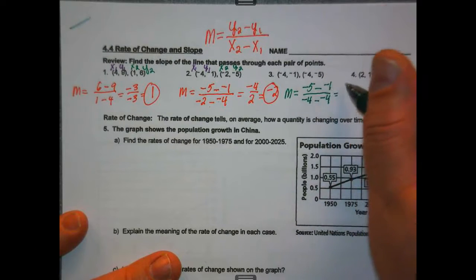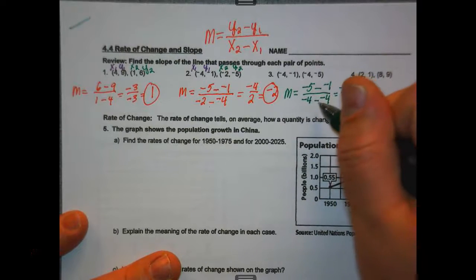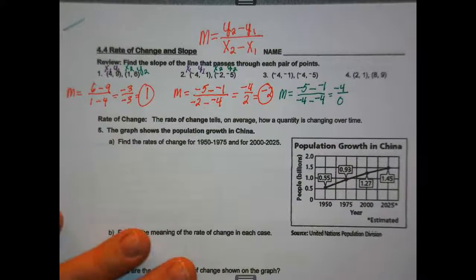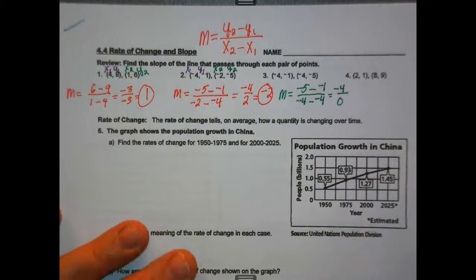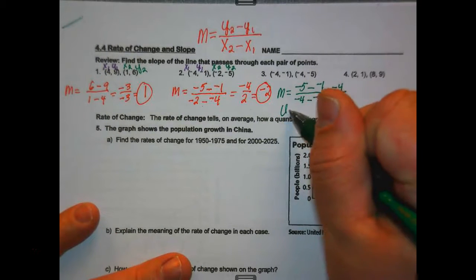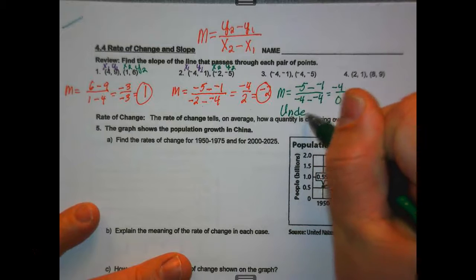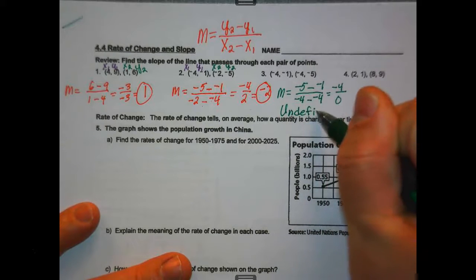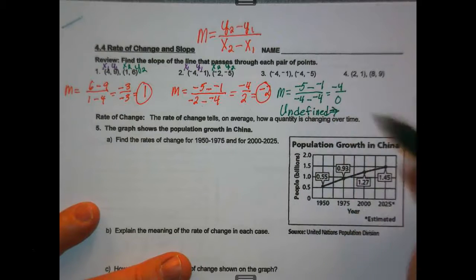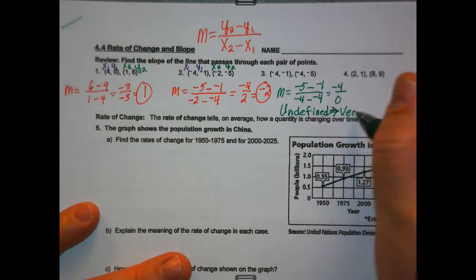Negative 5 plus 1 is negative 4. 4 plus 4 is 0. I cannot divide a number by 0, so this is what kind of slope? That's right, undefined. What kind of line do I have? That's right, a vertical line.